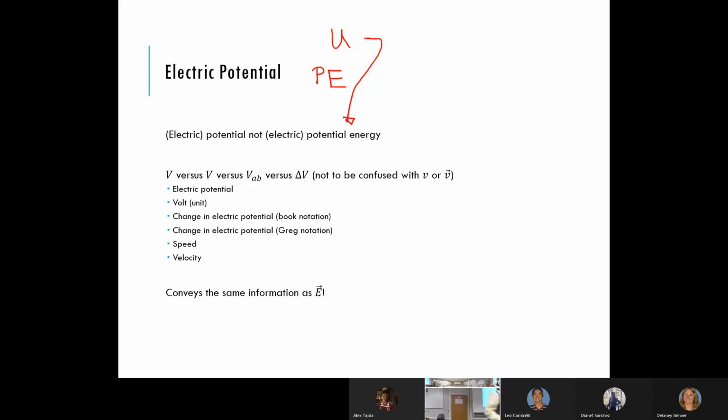Yeah, so the electric potential is just saying something about the sources, whereas the electric potential energy is giving you something about the interaction of your system with the sources.